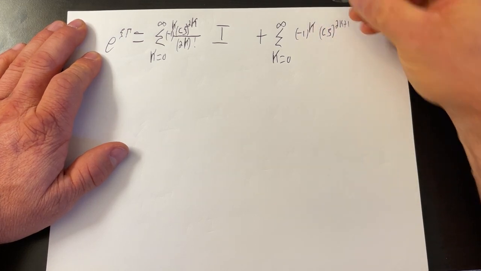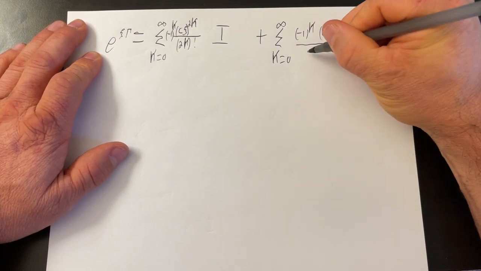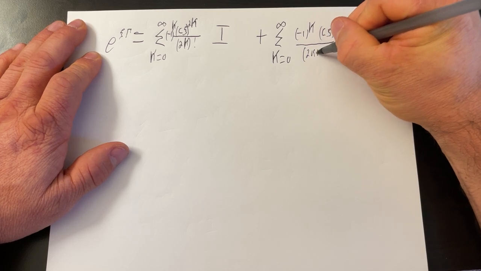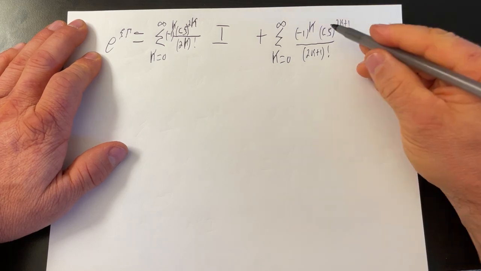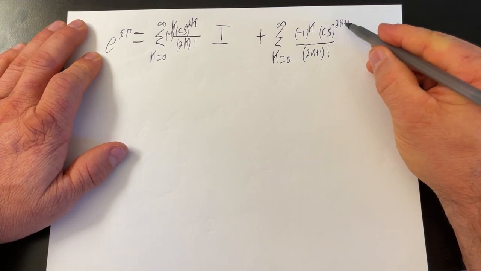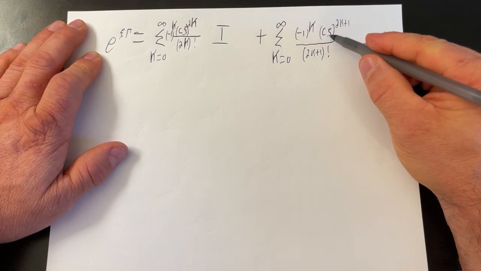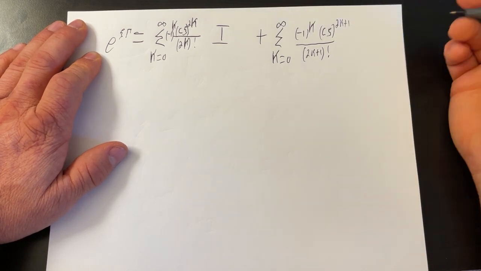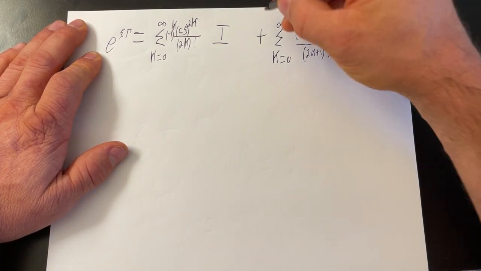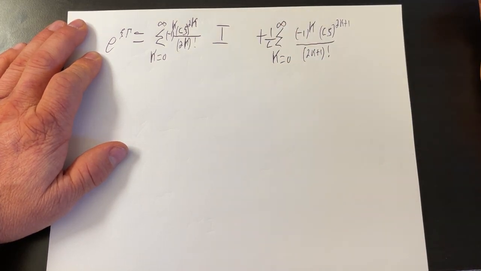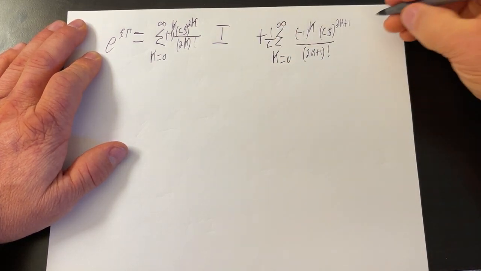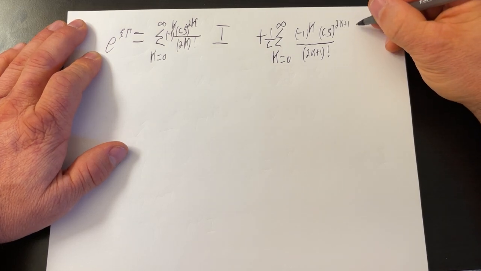Sorry, this should be a k. Remember, these are the odd terms, so we're looking at the 2k plus 1 factorial terms. But actually, that's too many cosines. There's actually only 2k cosines in the 2kth term from the previous page. So we need a 1 over cosine to get that guy back in there. And then we have a gamma on the outside.